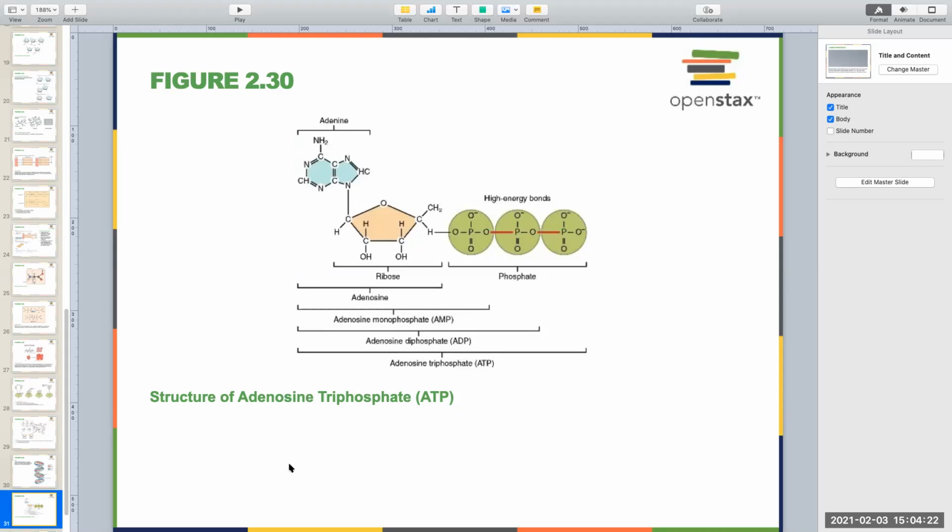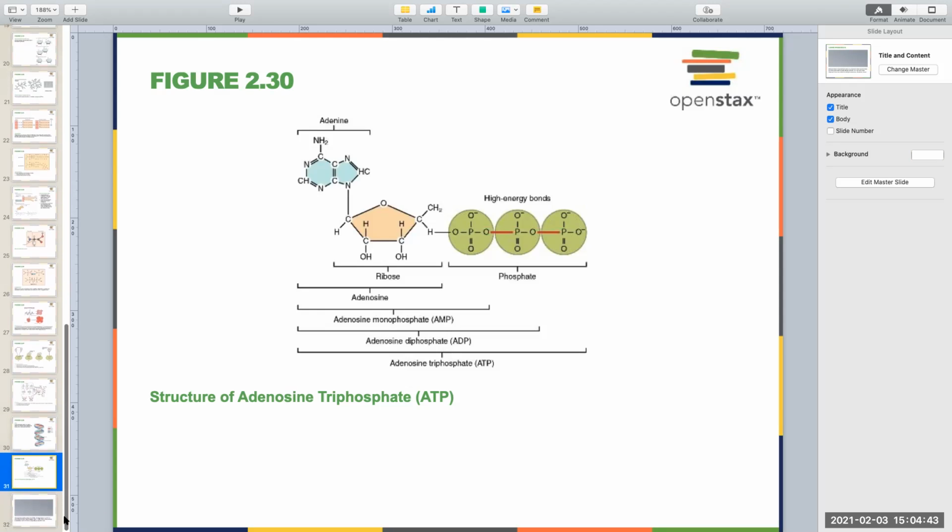ATP is what we use for energy. Remember, tri means 3. So there are 3 phosphates and adenine together, and a ribose sugar. So the end goal for everything is ATP.